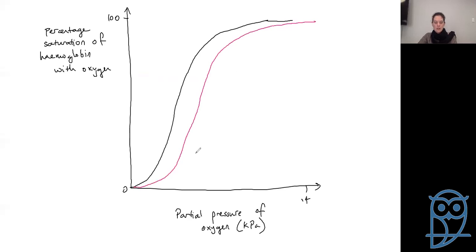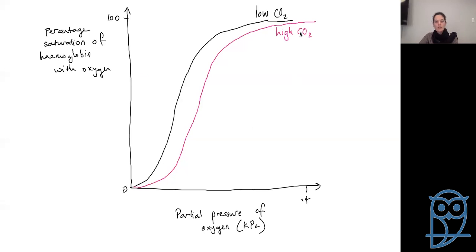And now we need to think. This curve is what happens in high carbon dioxide. So this one here is what happens in low carbon dioxide. What does this mean?